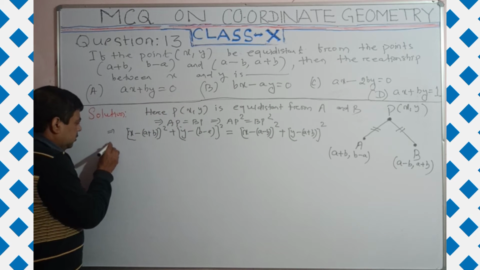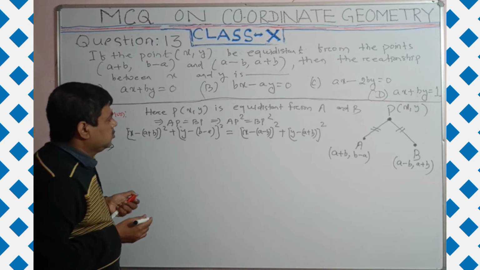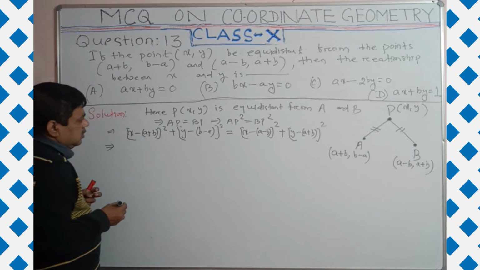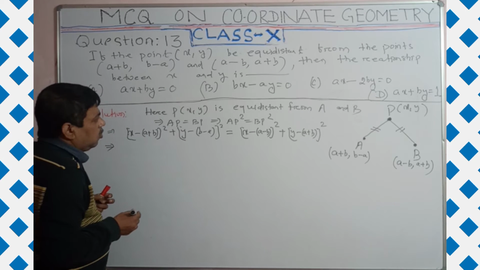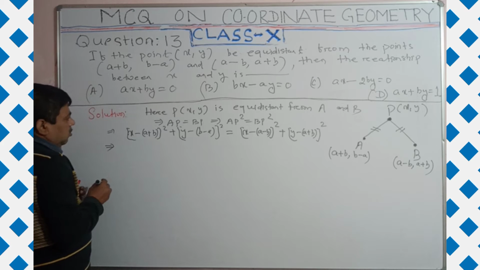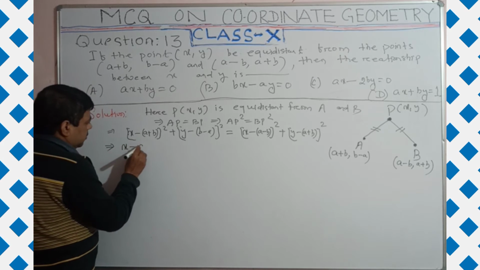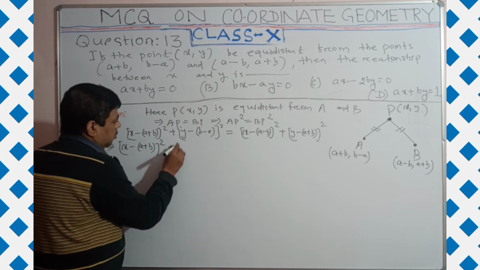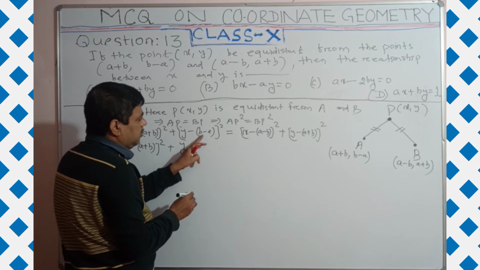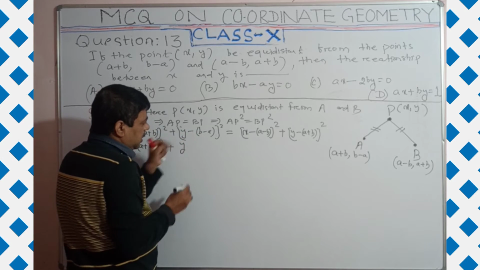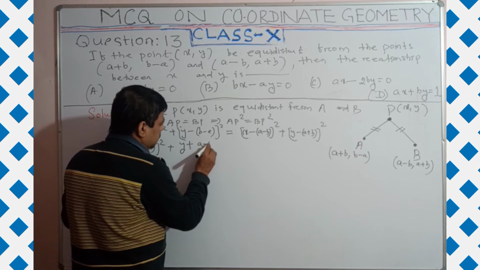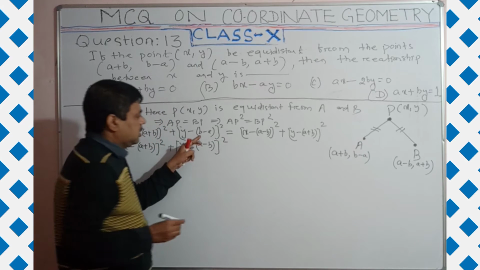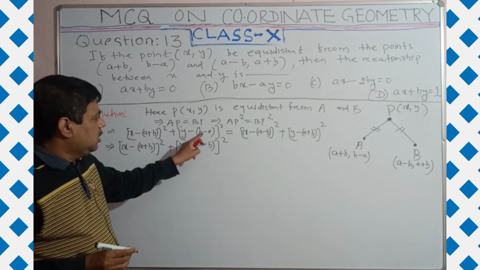Now let's see. You can write (x - (a+b)) whole square, plus y, and I bring the minus sign out as a common factor from b - a.